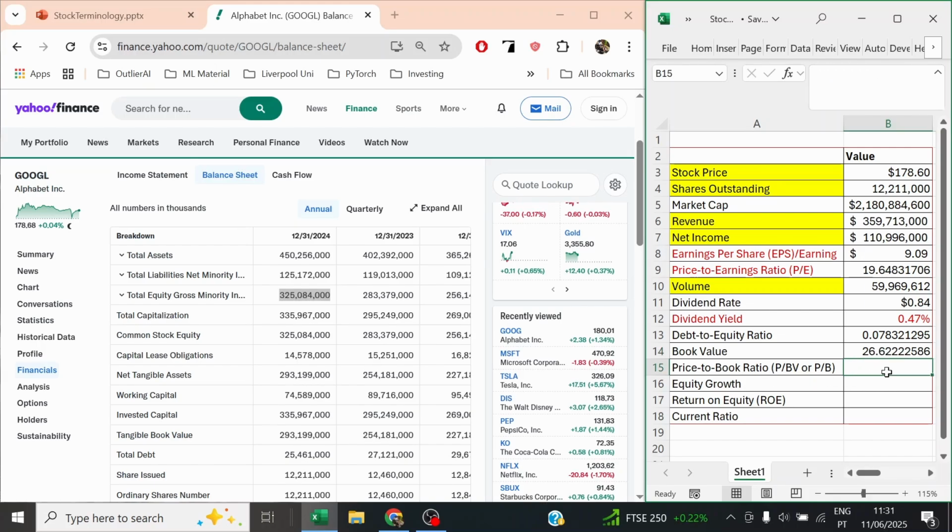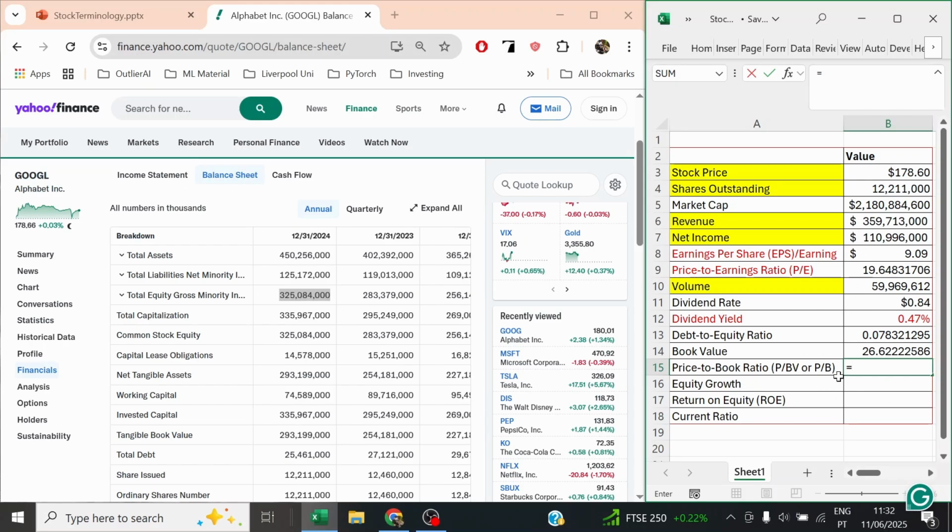Okay, so the next term is price to book value, which is actually a more useful term. It compares a company's market value to its book value. It's actually very easy to calculate, and then we will think more about what the price to book ratio means.